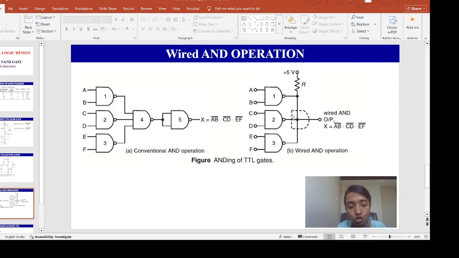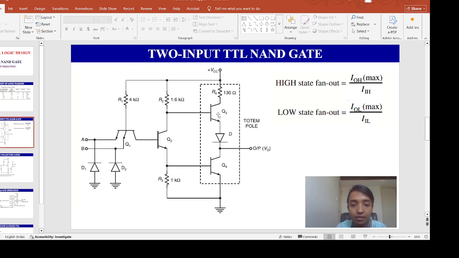This totem pole arrangement can't be wired ANDed, because when one output is high and the other is low, and if they are wired ANDed, what will happen? A large current will flow from the supply to ground. If you remember this transistor Q3, this is the totem pole arrangement, right?